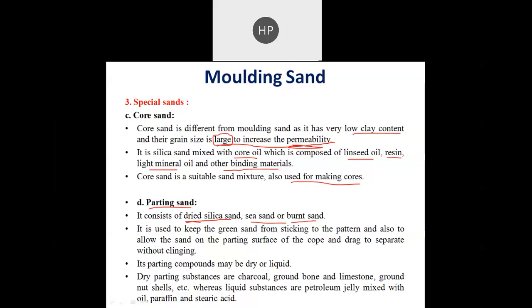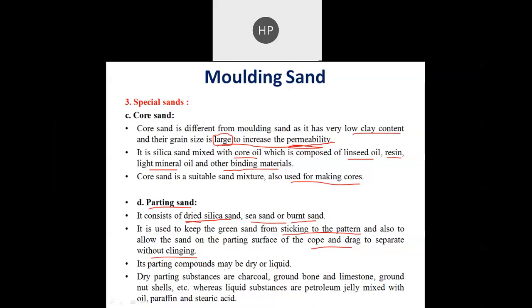If it has a certain amount of moisture, then the sand itself will stick to one of the mold boxes, and the purpose of the parting sand will not be fulfilled. So the parting sand is a dry sand, and it is used to keep green sand from sticking to the pattern, and also allows the sand at the parting surface of the cope and drag to separate without clinging. That is why parting sand is used.